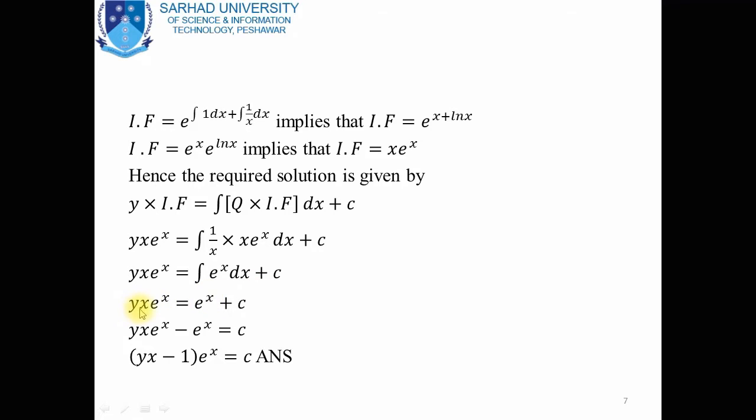So y·x·e^x, since x·e^x is the integral factor, is equal to e^x plus c, and this solution can now be written as y·x·e^x − e^x = c, and taking e^x common, (yx − 1)·e^x = c. This is the general solution of the given differential equation.